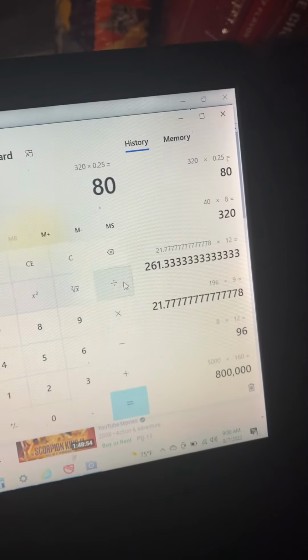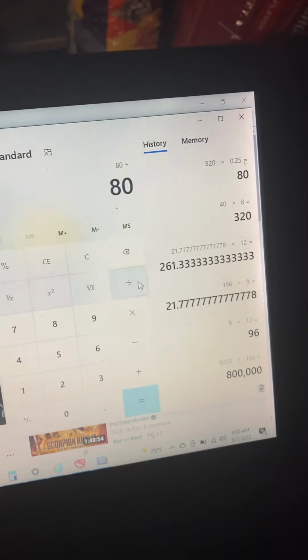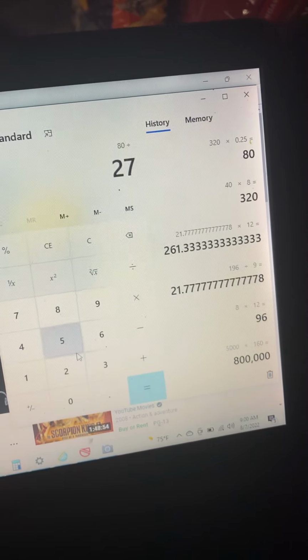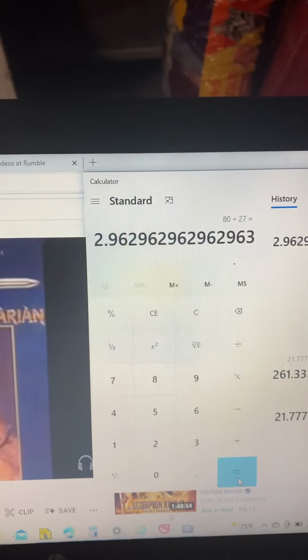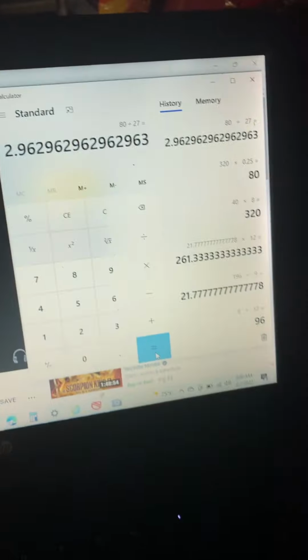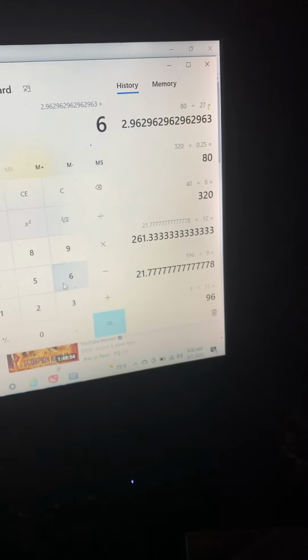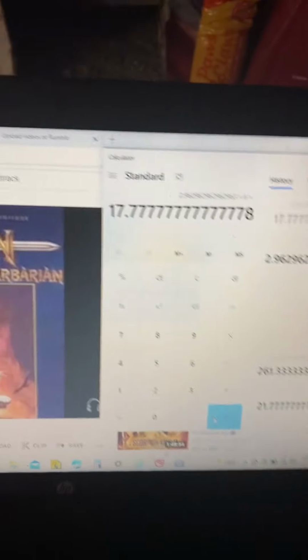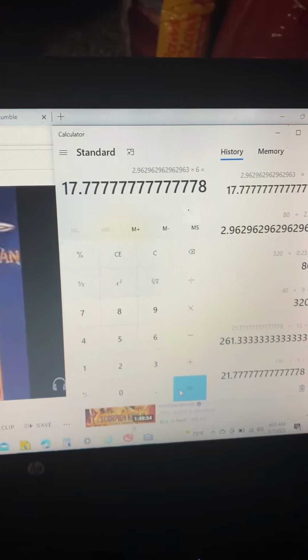That's what it's looking like. 2.9629. Multiply that by $6 per cubic yard. $17.77?